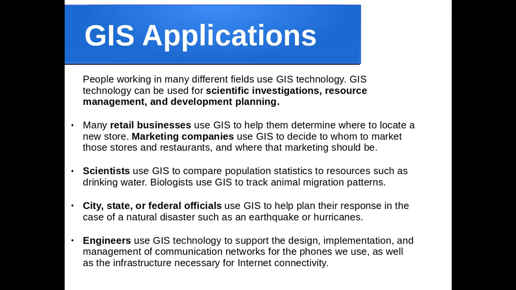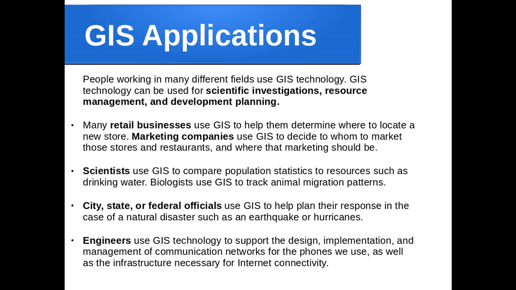For instance, also the government can use GIS in order to create a response for natural disasters such as earthquakes and hurricanes, because they can actually analyze the information and predict or model where would be the most secure places for the people when such phenomena are happening.